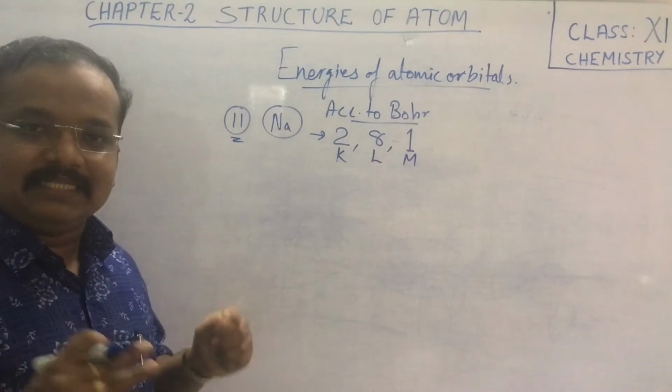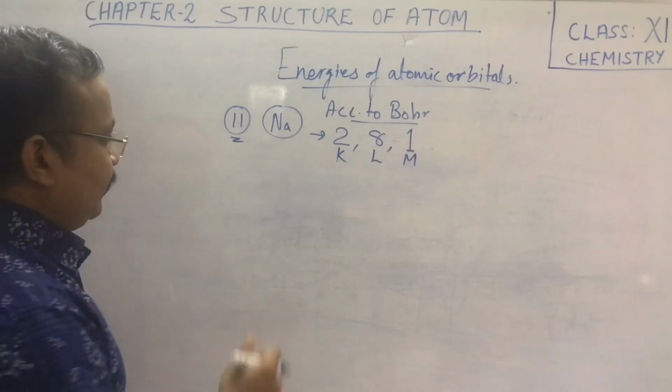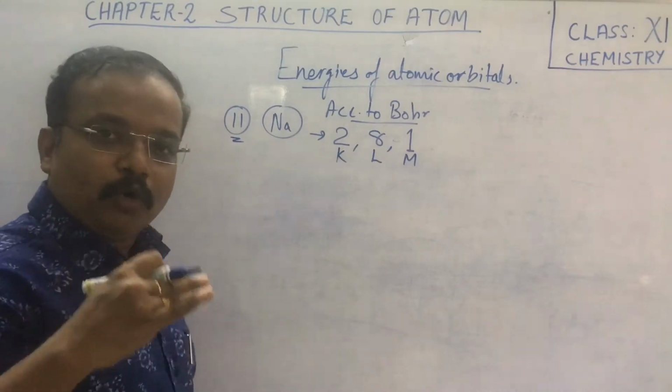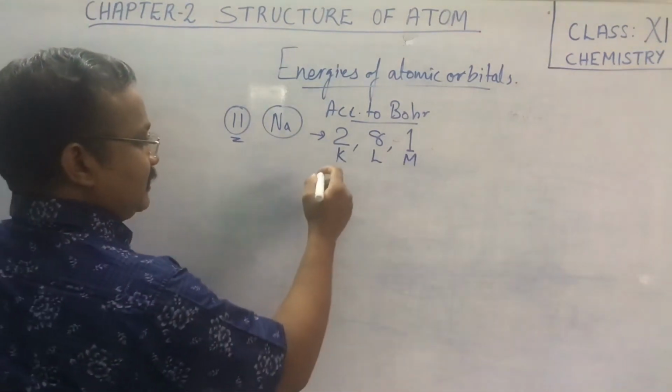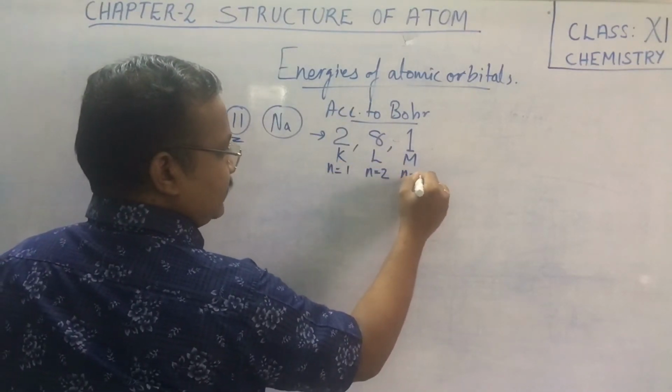Now we are discussing this in terms of the orbital concept. Okay, if this is the K shell, we have to follow both Bohr as well as the new quantum mechanics, where this is n equal to 1, this is n equal to 2 and this is our n equal to 3.